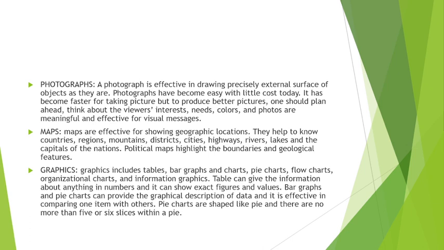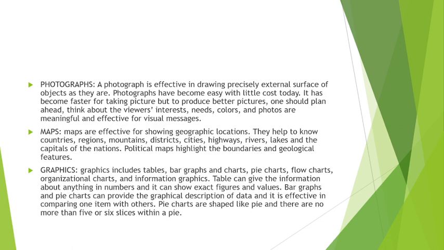They are visual messages. Another one is a graphic. Graphics include tables, bar graphs, charts, pie charts, flow charts, organizational charts, and information graphics. Number of ideas are there in graphics. Table can give the information about anything in numbers, and it can show exact figures and values.